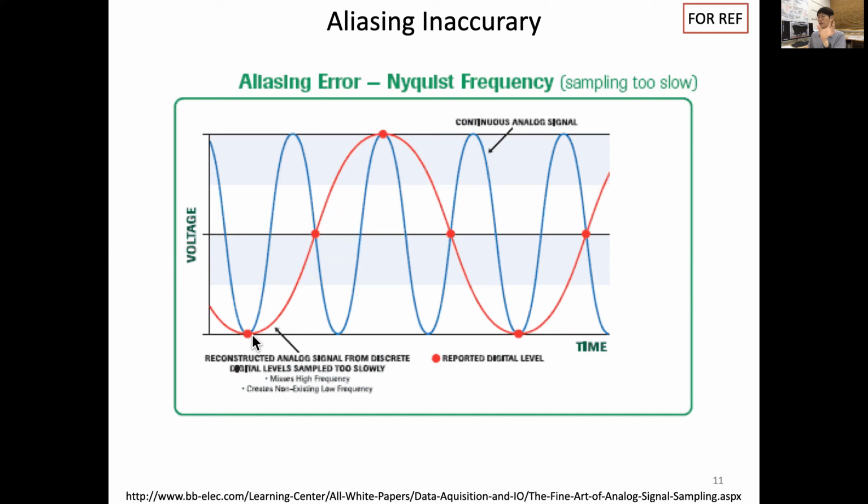In fact, there are 1, 2, 3, 4 periods in the original, while we have only 1, 2, 3 here. So this is completely different, and that's caused by not sampling fast enough, or not fulfilling the Nyquist criterion.